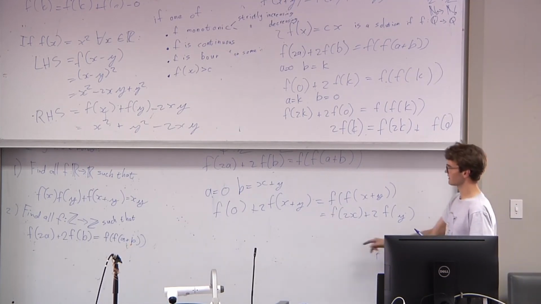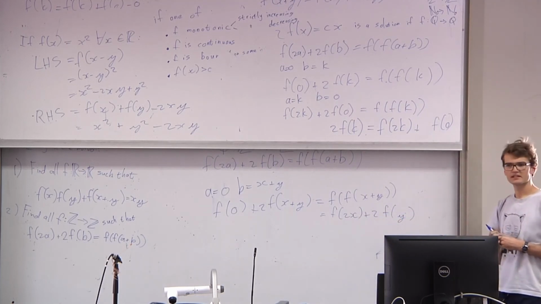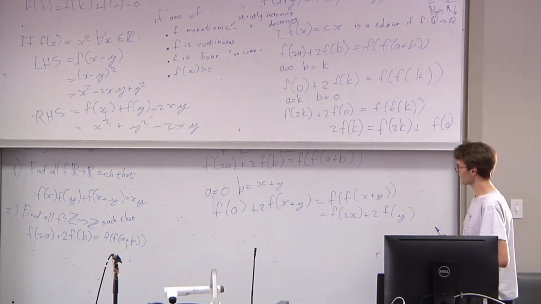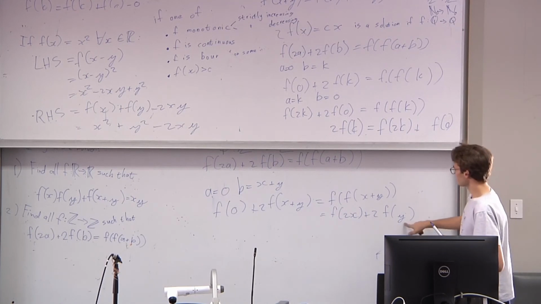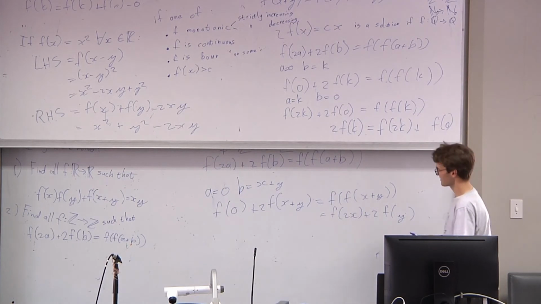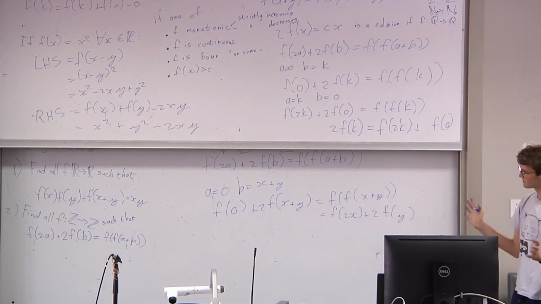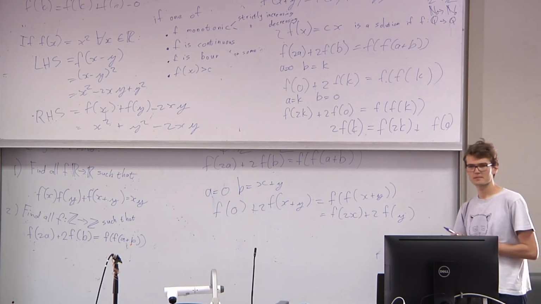Right? If you let a equals x and b equals y, you get that out. Here, we have 2 inside of the bracket again. So that's not very nice. We don't want just for even numbers, we want for all possible integers, x and y.